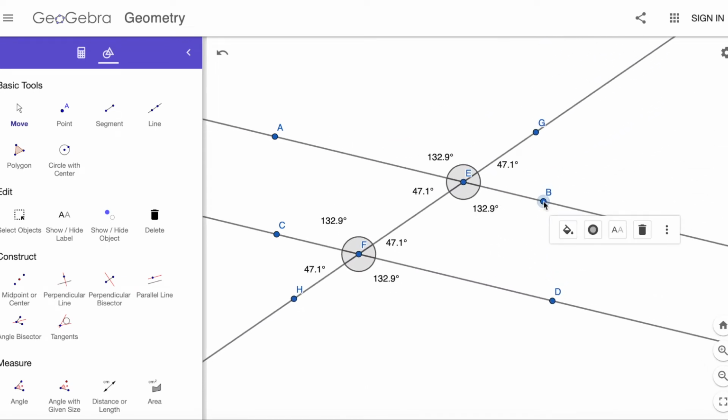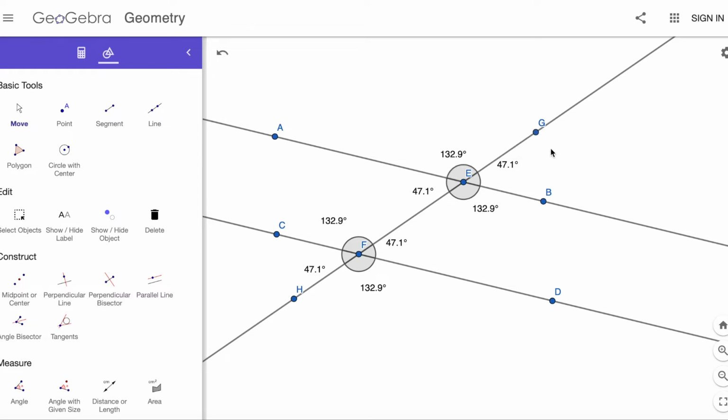So looking at all these angles, we want to see what their relationships are. If I start off with alternate exterior angles, so that's going to be on the outside of my parallel lines, but on opposite sides of the transversal. You can see that angle AEG and angle HFD are alternate exterior angles, and they have the same exact measurement.